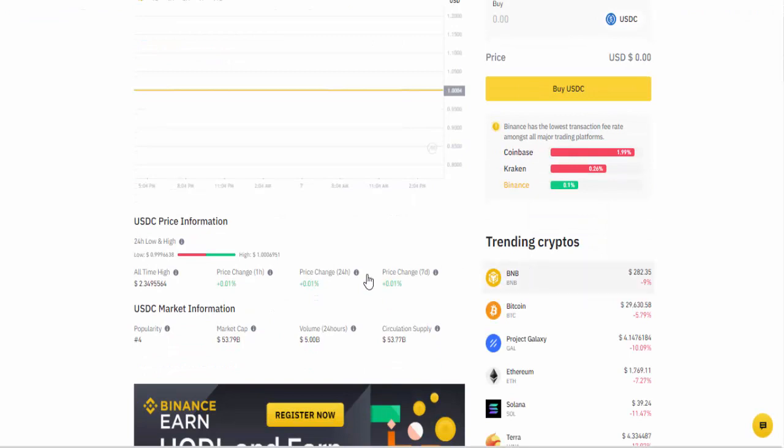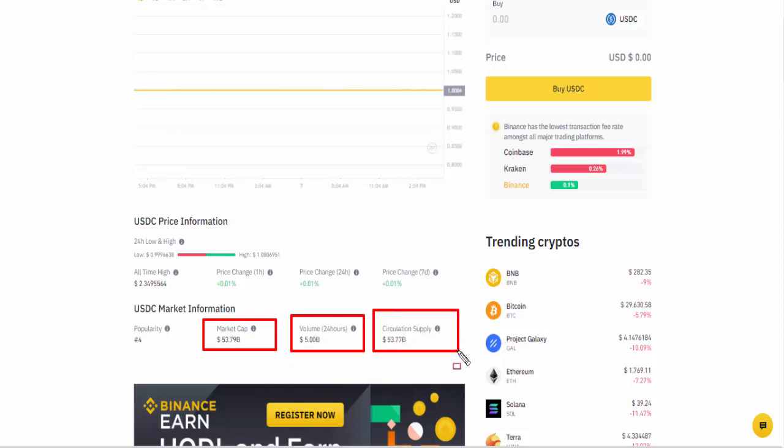Popularity wise, this coin is number 4, and the market cap of this coin is $53.79 billion, which is less than USDT, but it is also a huge market cap. The 24-hour volume is $5 billion, which is good, but compared to USDT it is not that much, because it is 10 times less than USDT.